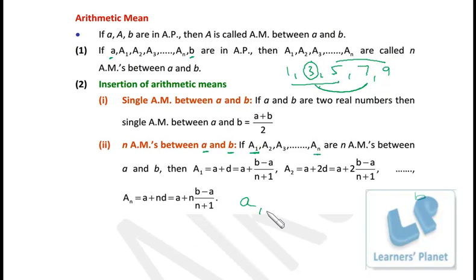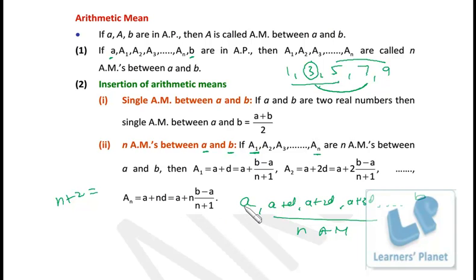Then the terms are A plus d, A plus 2d, A plus 3d, and so on. If n arithmetic means have to be inserted, then the total number of terms in this AP will be n plus 1 plus 1. So total number of terms will be n plus 2, right?